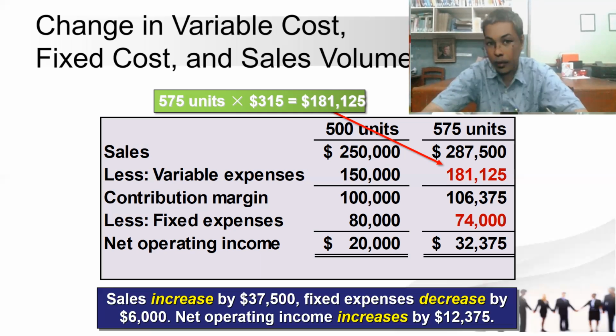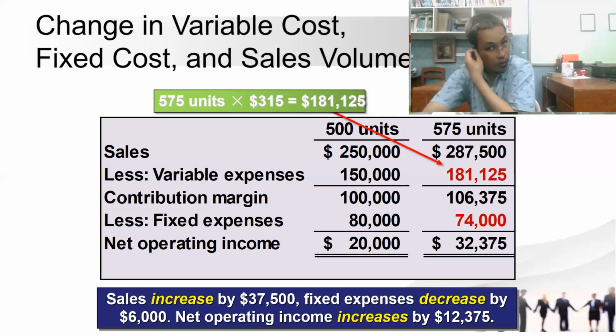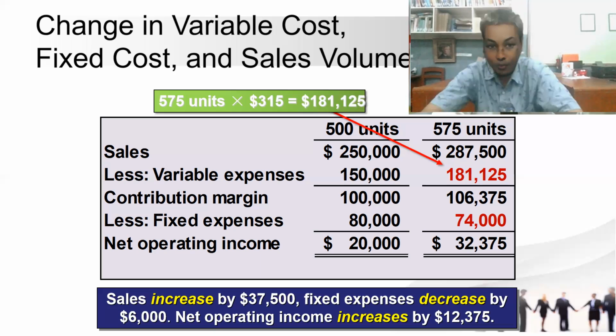Monthly salary is fixed. So because we did not pay a monthly salary, but instead we have to pay the commission. How much per unit? That is 15.